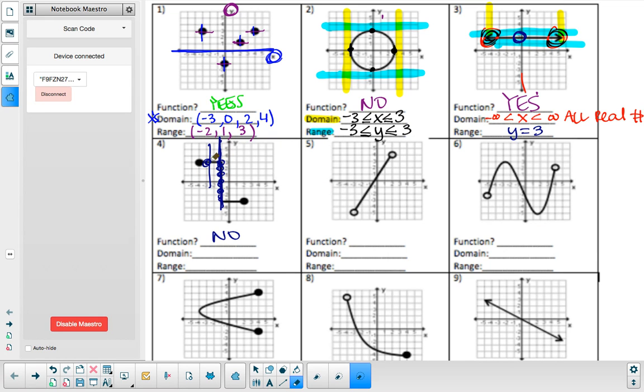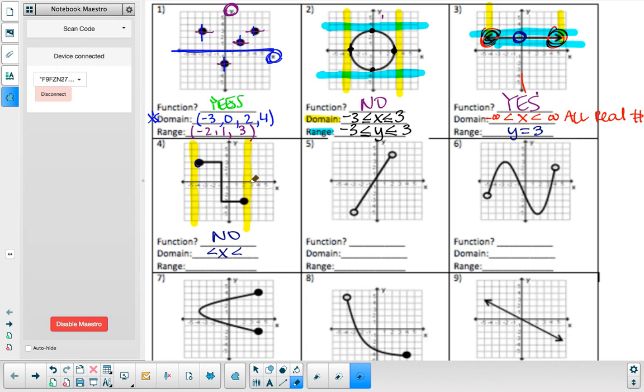Okay, so let's do domain and range. We are going to start with domain. So I am going to go from the left to the right. I'm going to draw my boundary on the left, and then I'm going to draw my boundary on the right. So I've got x less than, that's how I always start it.